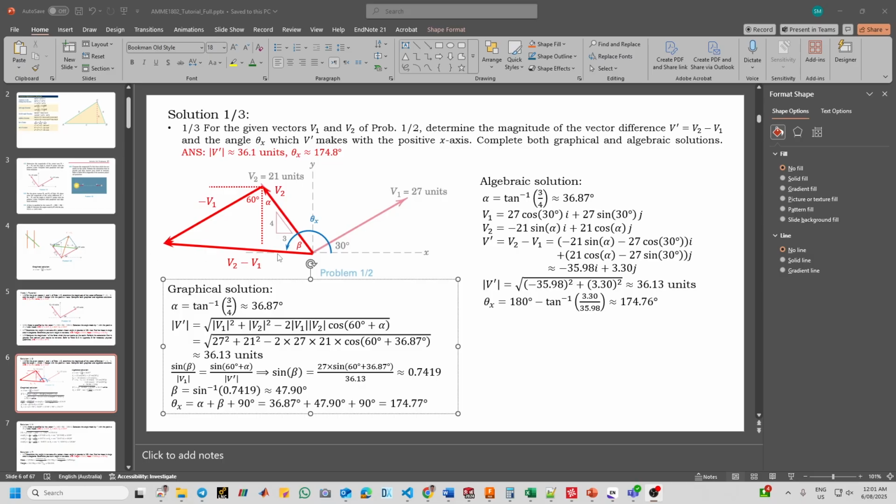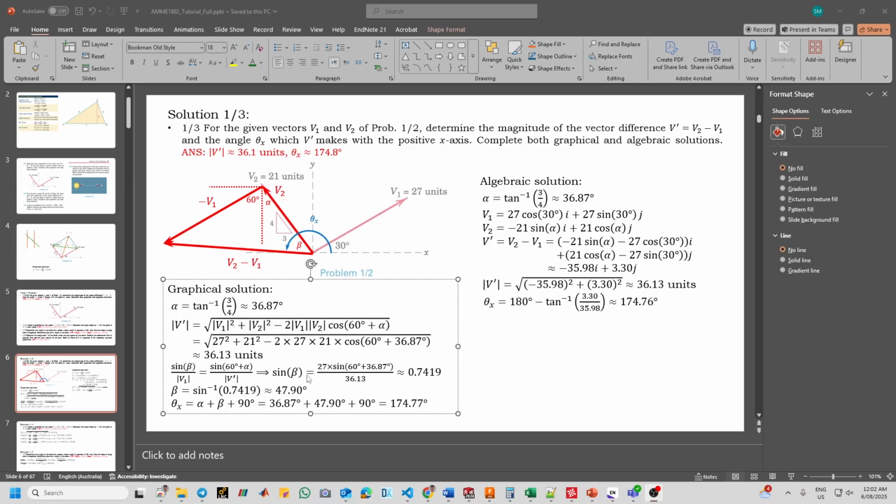So sine of beta over the length of v1 is equal to sine of 60 plus alpha over v prime, because this is v2 minus v1, and the length of this is the length of v prime.